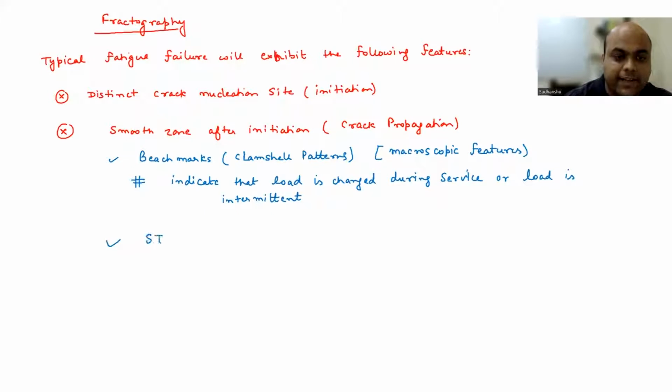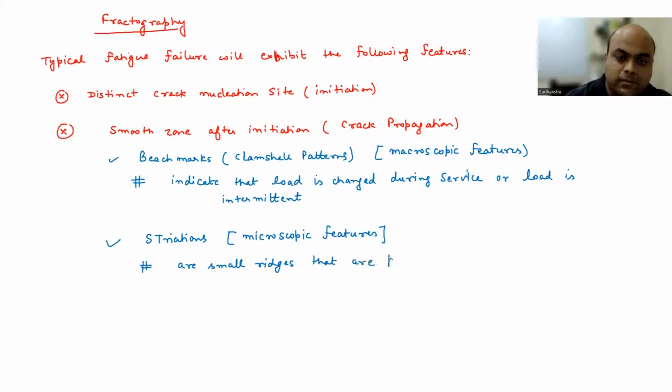Now, the second one is striations, and these are microscopic features. These are small ridges that are perpendicular to the crack propagation direction.